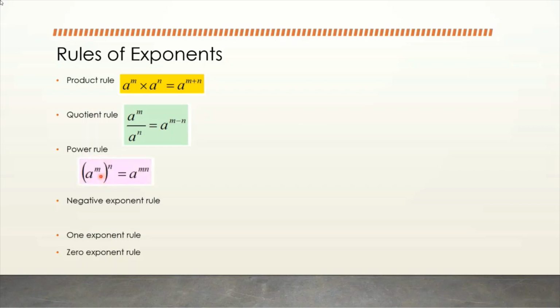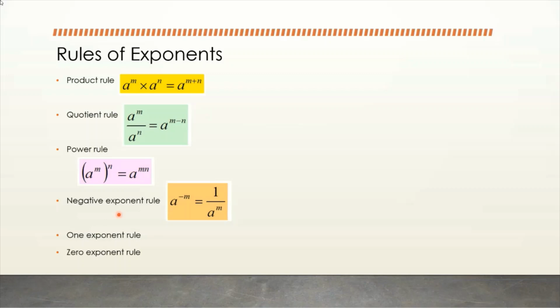Now the power rule is when it's raised to a power. When it's raised to a power, you multiply, so that would be m times n. The negative exponent rule doesn't make it negative, but it makes it smaller, unless it's a fraction, then it makes it larger.